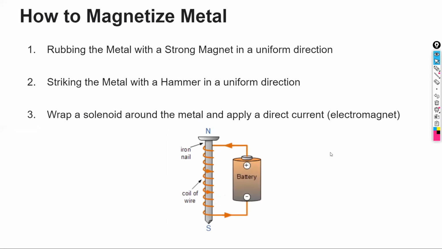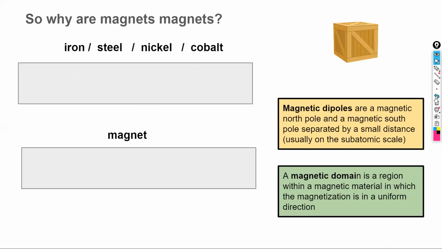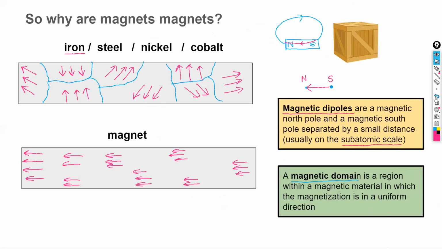One second, I should have said something here before. One thing that I also forgot to mention is that the only difference between a piece of iron and a magnet is the direction of the dipoles. Remember, dipoles are physical things. They're small, like atoms, but it's still physical.